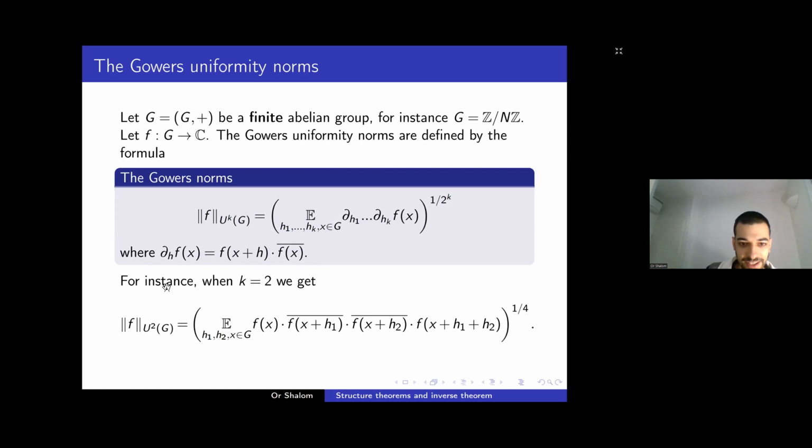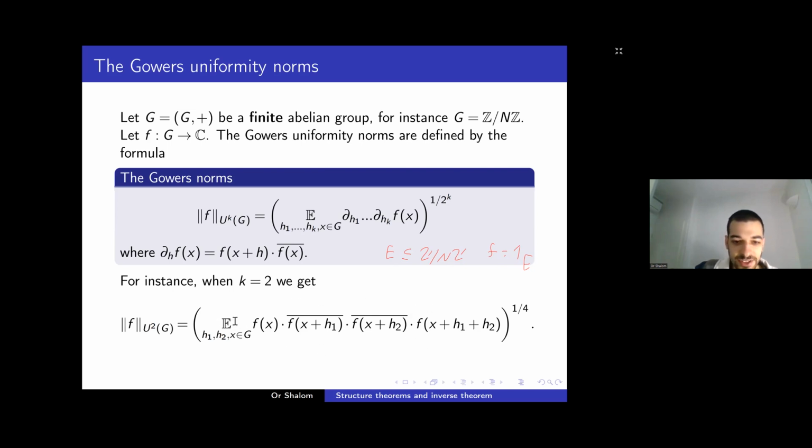Let's see one example. What happens when you compute these norms when k equals 2? When k equals 2, you will get this expression. And usually, we will apply these Gowers norms to very specific functions. We start with some subset E of Z mod nZ, and we let f be the characteristic function of the set E. If f is the characteristic function of the set E, this product is either 1 or 0.